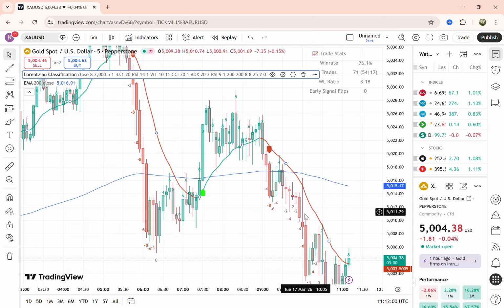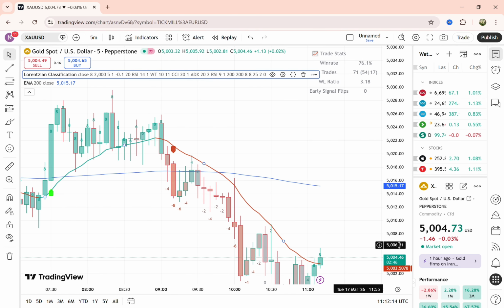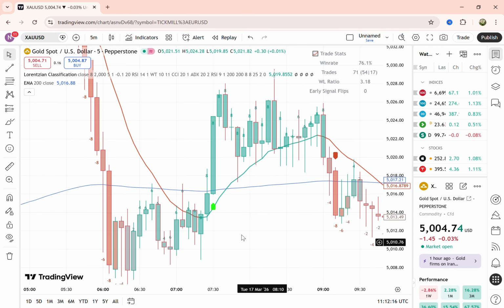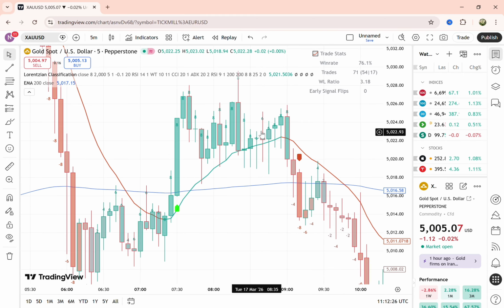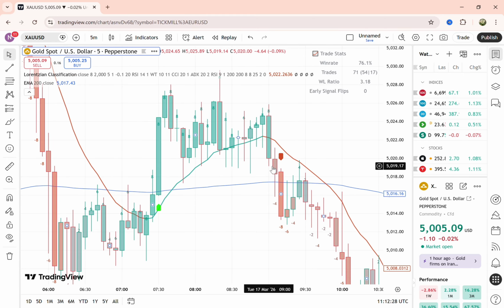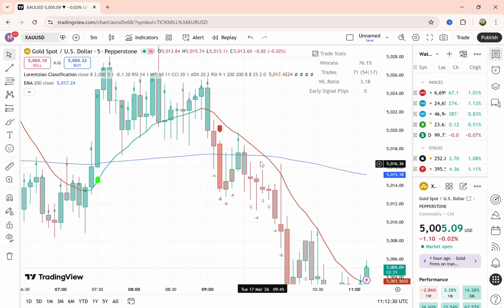in any place you can find the blue moving average crossing the first indicator line, and when they cross each other in the chart, for example here, and you have candles with power for buy, you can go for opening a buy position.